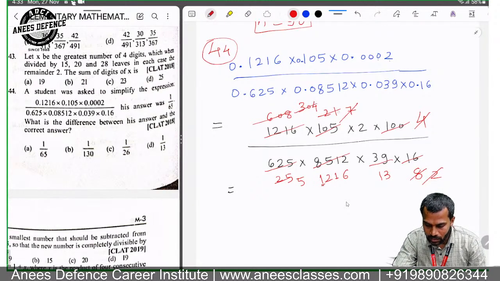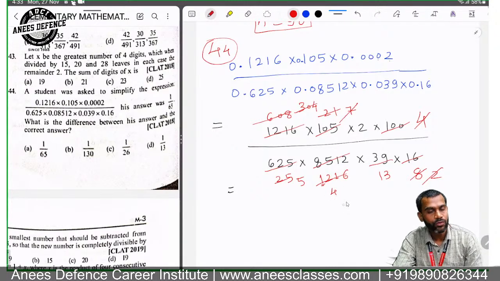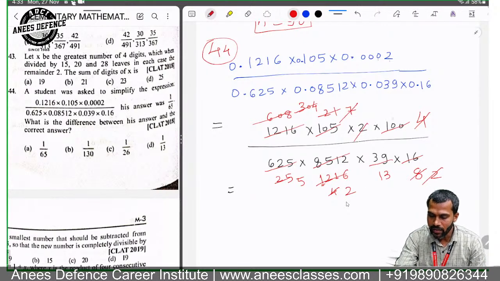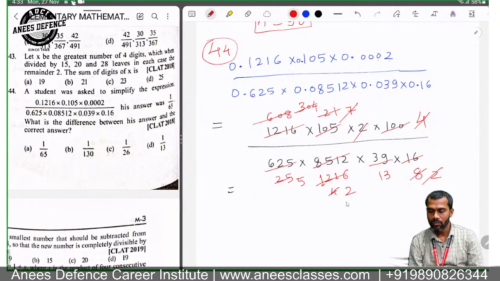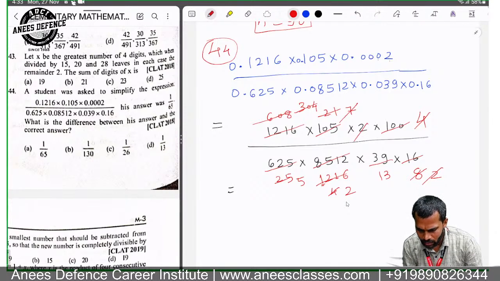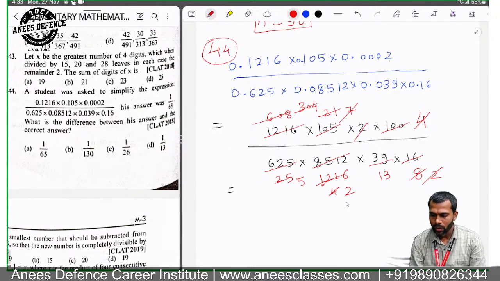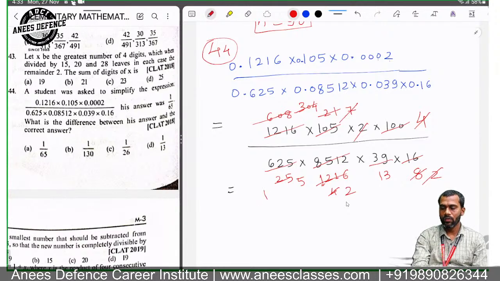And this is 304. 3 4s are 12 and 4 4s are 16. 4 times. 2 2s are 4. Is there anything left in the numerator now? No. So it is 1 upon 13 into 2, 26 into 5. Yes or no? That is 130.